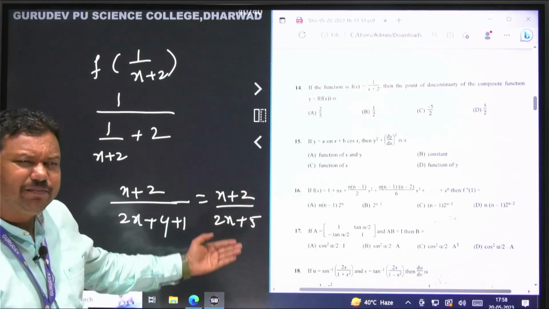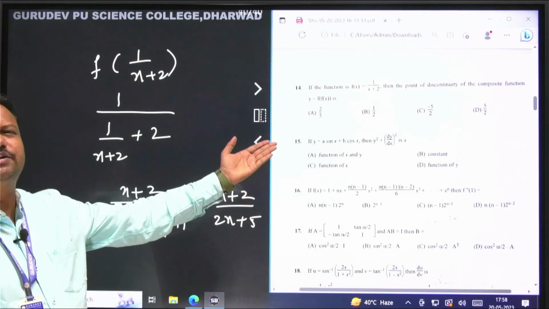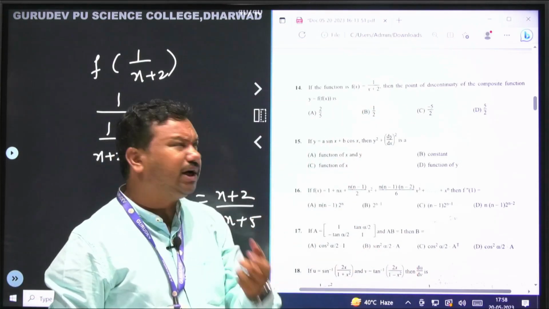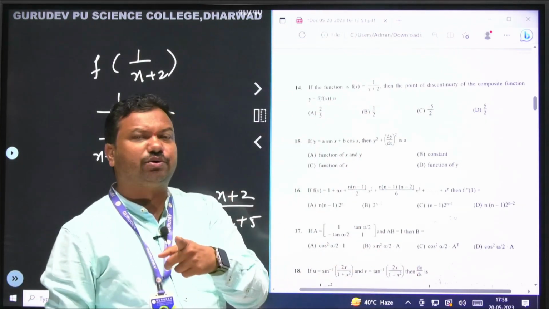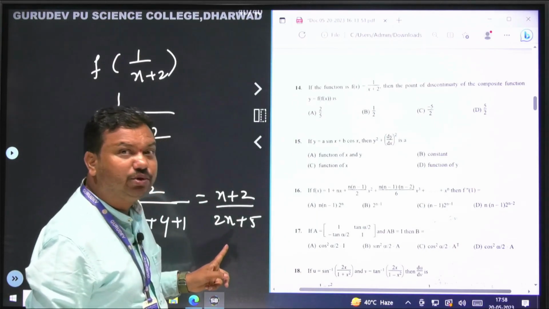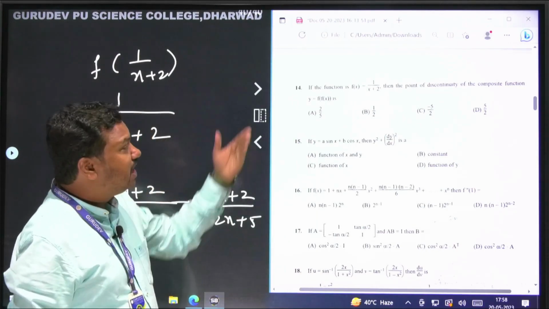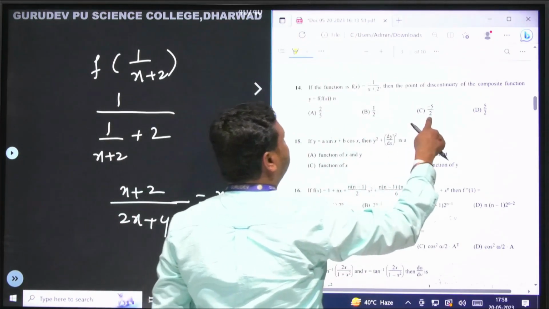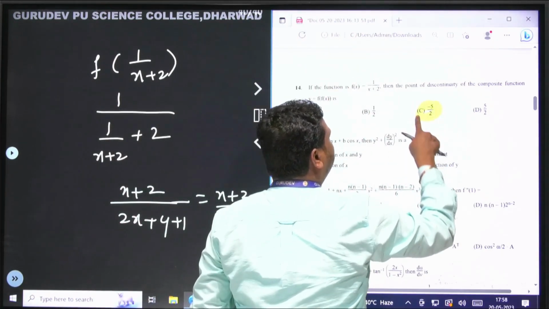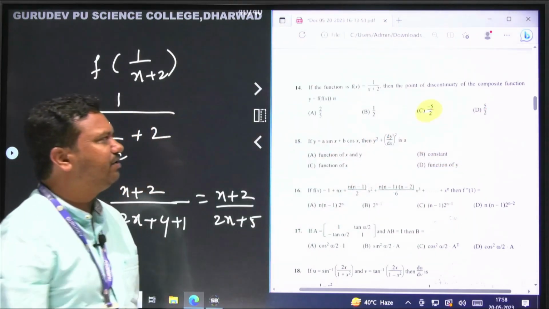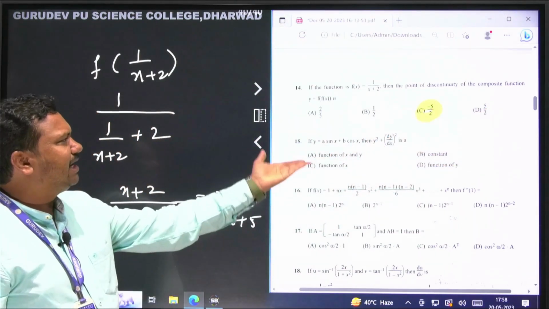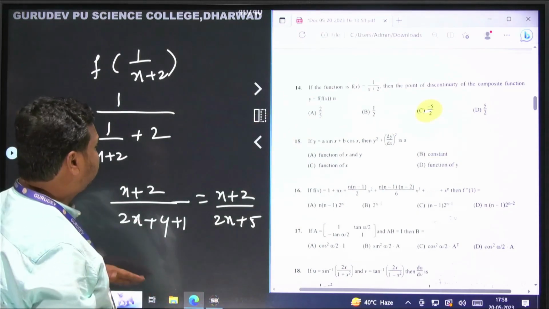If the question 1 divided by x plus 2 is asked directly, we say it is discontinuous at x is equal to -2, because we know that this denominator cannot be 0. In the same way here, 2x plus 5 should not be 0, that is x should not be -5/2. So at this point we get a point of discontinuity. x cannot be -5/2, because at that point it is a discontinuous function.